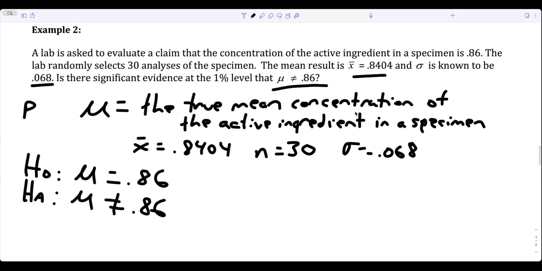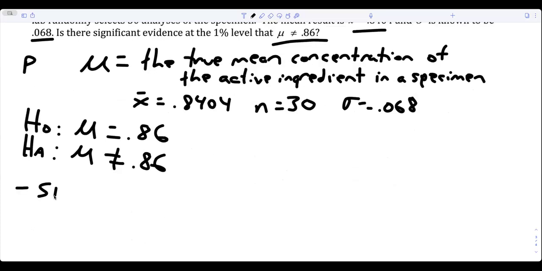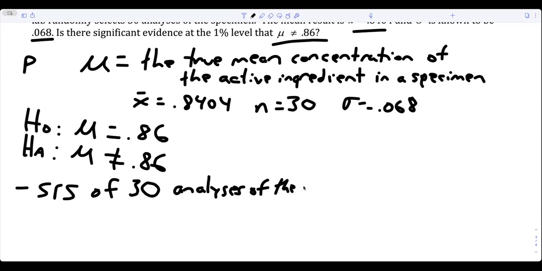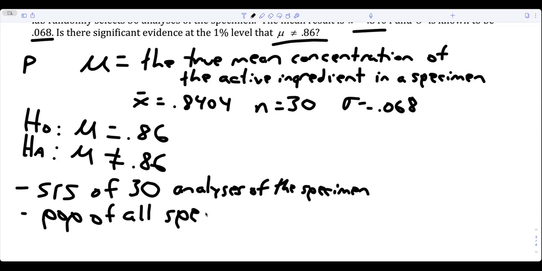Okay, so I'm going to check the assumptions and conditions. So we have a simple random sample of 30 analyses of the specimen. And the population of all specimens is greater than 10 times 30. Let's go with that. Check.